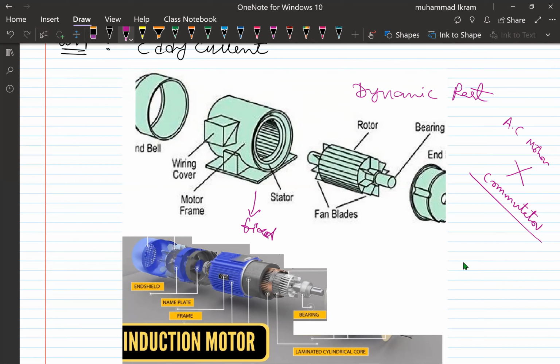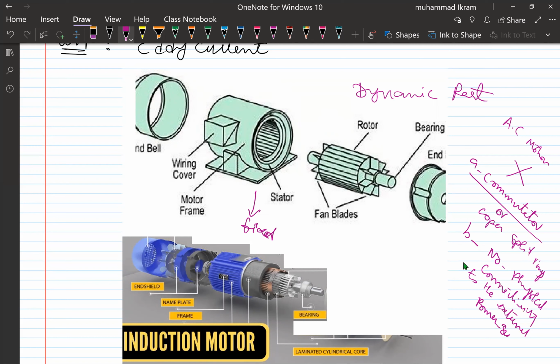Second, there is no physical connectivity to the external power supply.